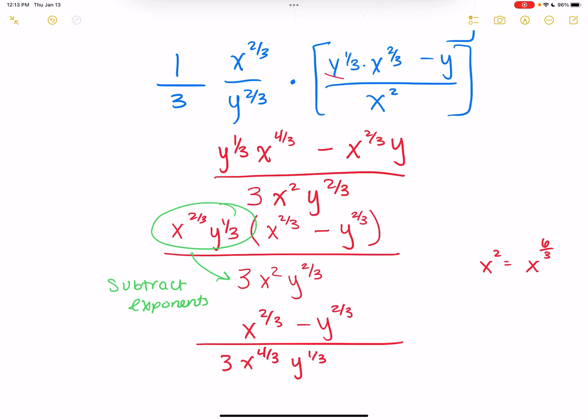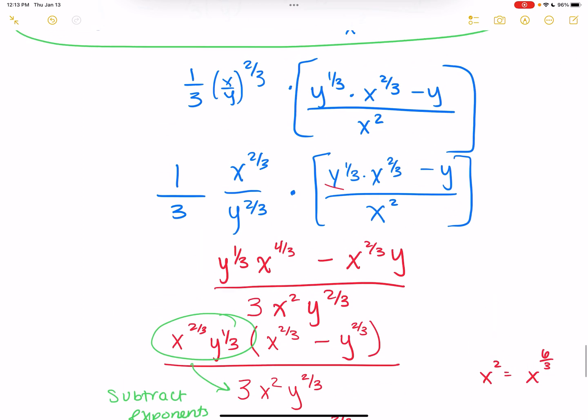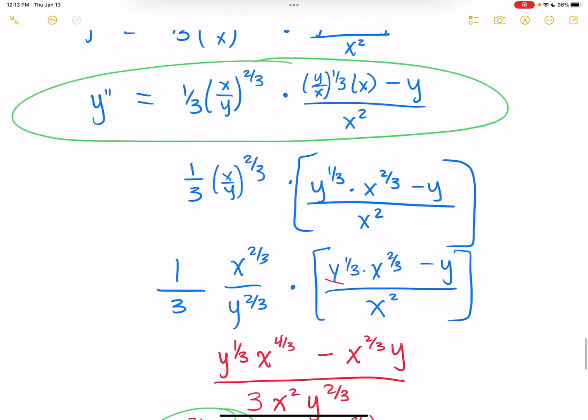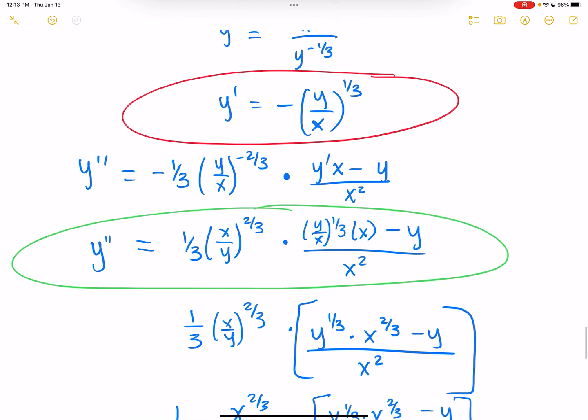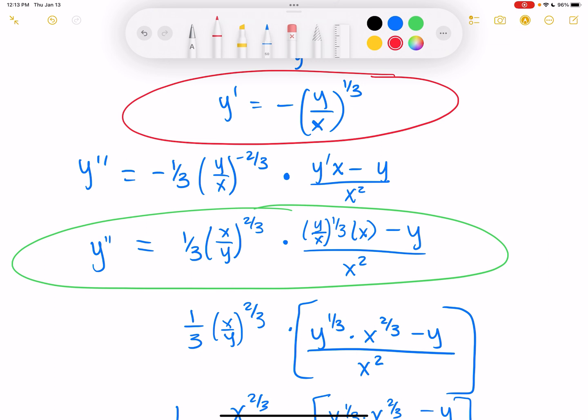Oh, wait a second. Hold on, I need to go back up for a second. Remember how up here I was like, oh, there's a negative in front of, there's really a negative there.